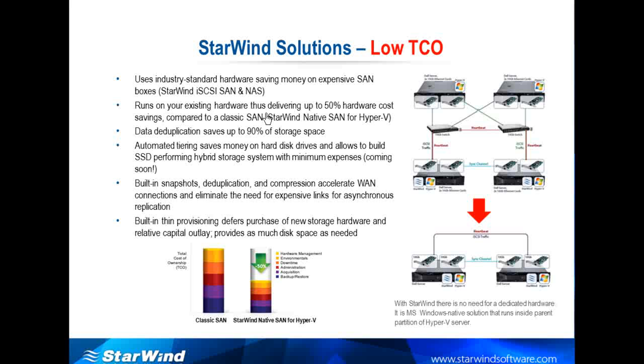The last two options are things that I already talked about: built-in snapshots, deduplication, and compression. Compression accelerates WAN connections and eliminates the need for expensive links. Actually, in a future release we will have a feature, a technology to be more exact, that allows people to have WAN replication over low bandwidth channels. Not everybody can afford a high speed data link between the sites.